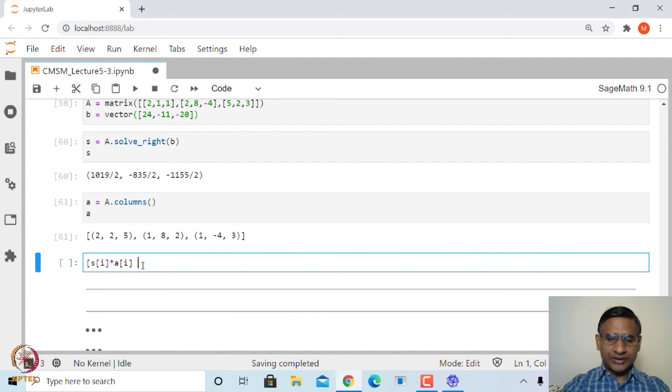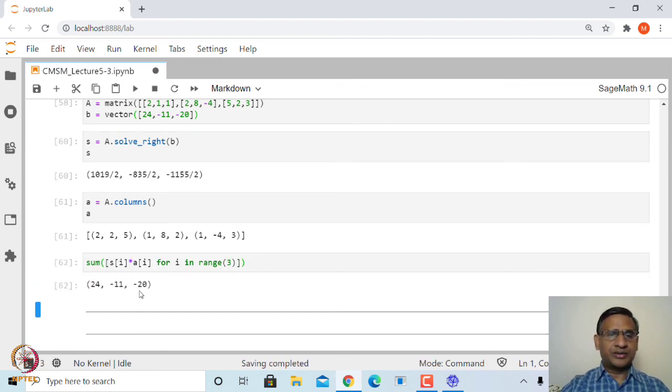So, for i in range 3. This will give me a list of S1 times the first column, plus S2 times the second column, plus S3 times the third column, and then we sum all of this. So, take the sum, and this gives me B. That is correct.